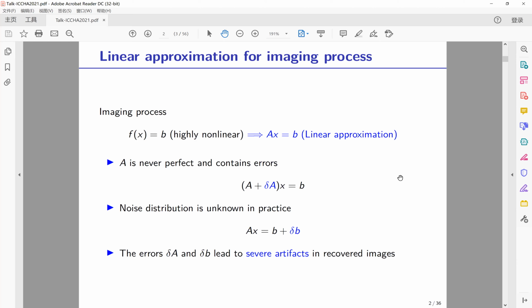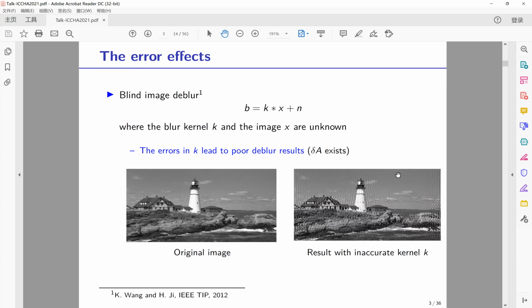As we know, these errors and this noise can lead to severe artifacts in our restored image if we do not treat them carefully. Let me share two examples. One is blind image deblurring, which means that we have one blurred image and we don't know the blur kernel, so we want to reconstruct the blur kernel and then do some inversion to get our clean image.